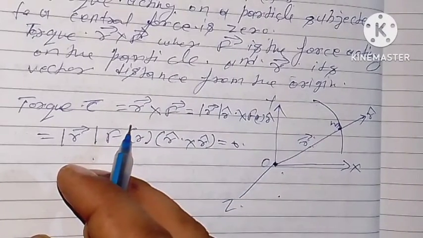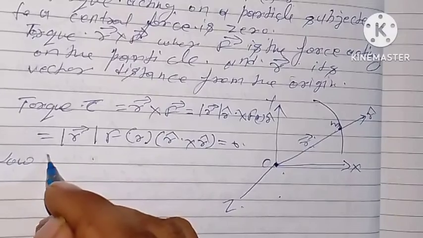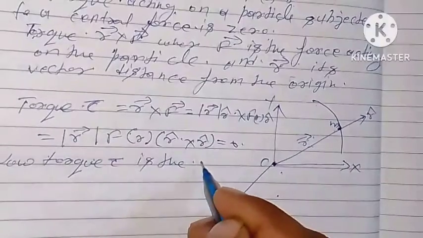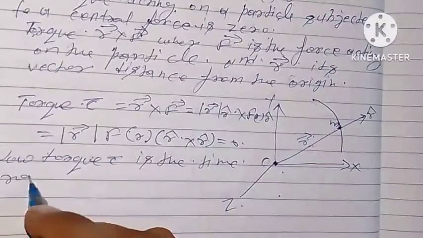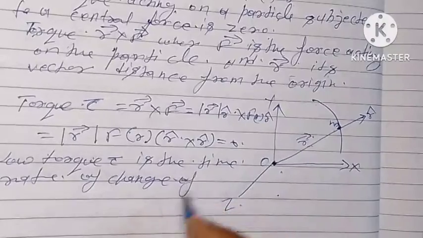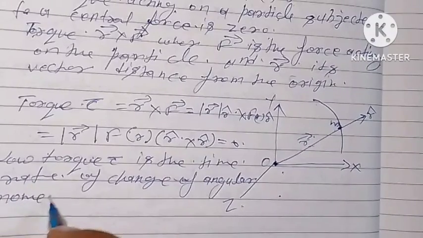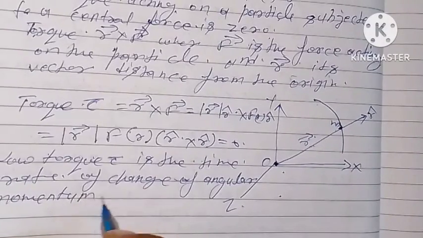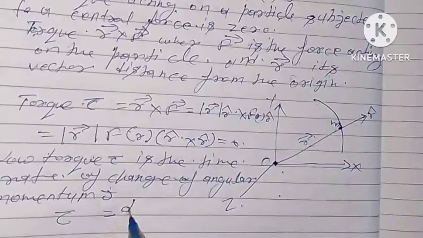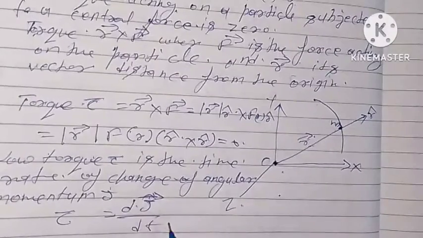Now torque tau is the time rate of change of angular momentum J. Then tau equals d vector J upon dt.